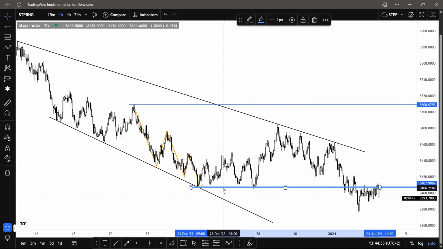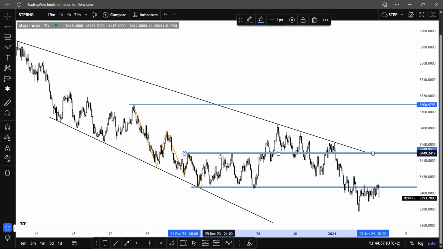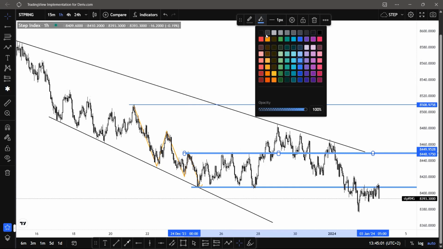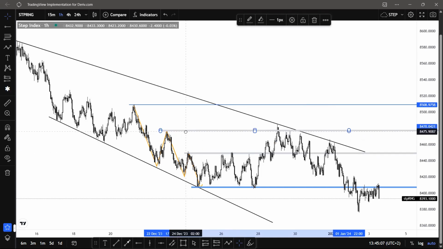So the next one that I want to actually put is another one here on the inside structure there, and I'm gonna make it that color, then one more here, then that's gonna be it.